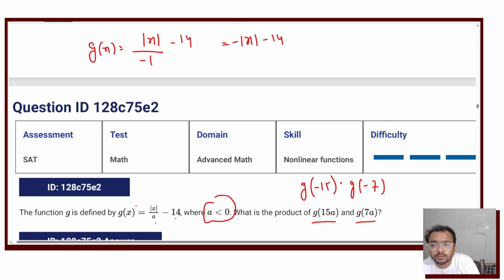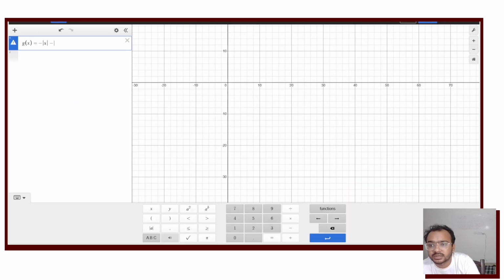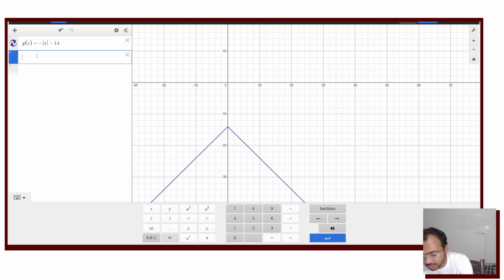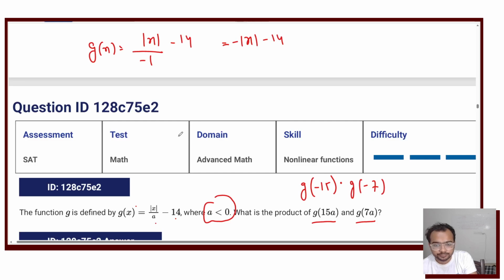I think it was 14. Yeah, negative absolute value of x minus 14. So we have defined our function. Now what do we want? We want g of negative 15, and we want it to be multiplied with g of negative 7. So that gives you 609. So 609 will be our final answer.